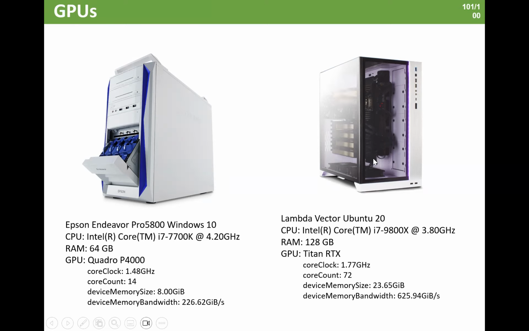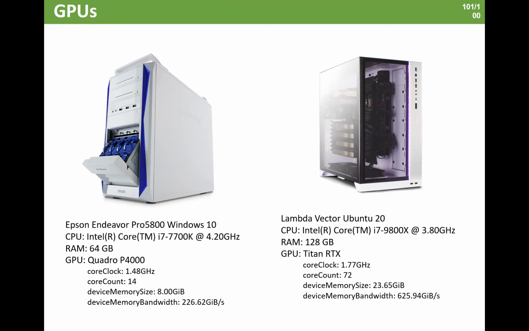But the other thing is RAM. This is RAM on the CPU, but there's another GPU RAM. I have 8 gigabytes on my GPU, but this one has 24 gigabytes. Especially if you're doing high resolution, like super resolution, where you want to blow up an image from 256 to 1000, then you need a lot of RAM.